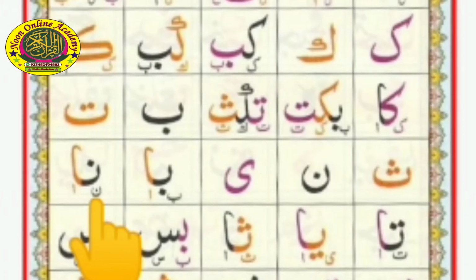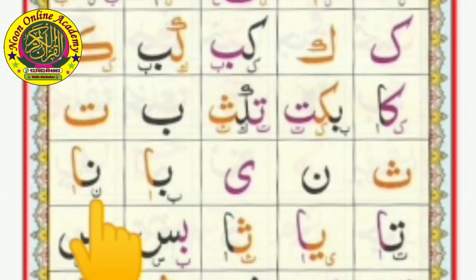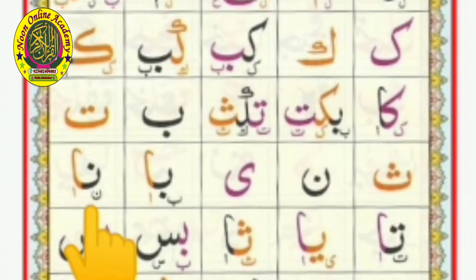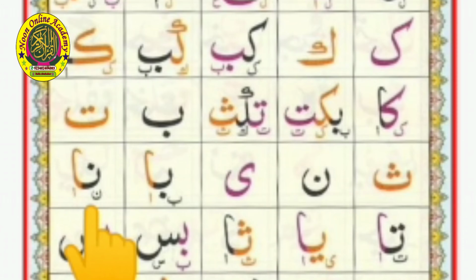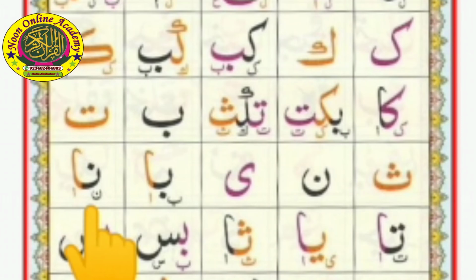You cannot say za. Why? Because you can see that noon is connected with alif, and zal and za cannot be connected, and those other letters you will see alone in the beginning.